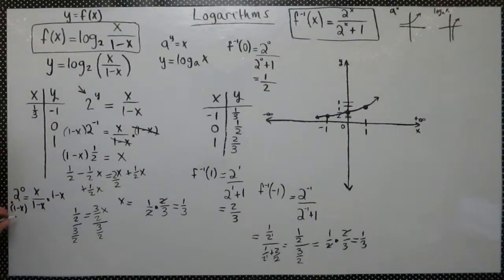I ran out of room, so that's going to give me 2 to the 0 is 1, so that's 1 minus x equals x. Those cancel. 2 to 0 is the quantity 1, and then you just get what's in the parentheses. Add x to both sides, and you're going to get 1 equal 2x, divided by 2. And we get 1/2.